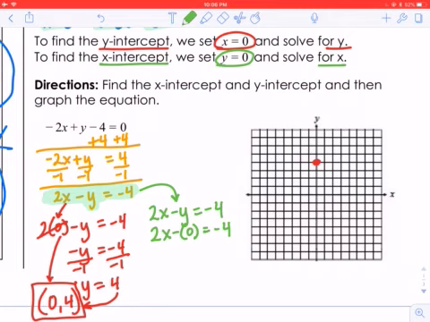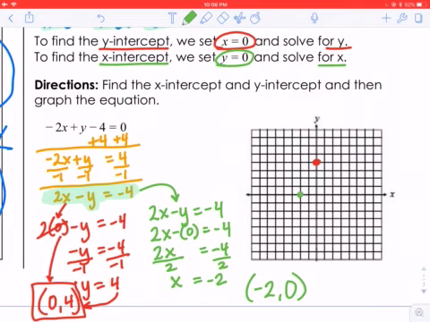Minus 0 I don't need to write anymore, so I'm going to write 2x equals negative 4. Divide both sides by 2 to get x by itself. X equals negative 2. Remember that I put in my x is negative 2 and that y is 0, right? Because that's what I put in to find it. So I'm going to go to that point, negative 2, comma 0.